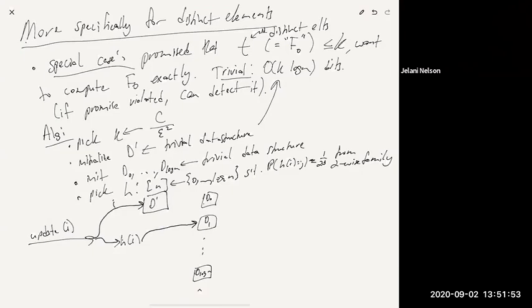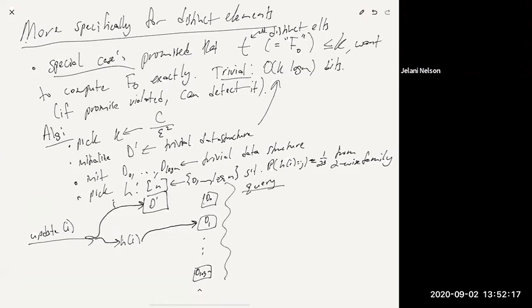Hopefully that picture makes sense. So you send all updates to d prime, and you also send an update to a random data structure based on the hashing. So each update gets sent to two different Ds. So that's how you do an update.